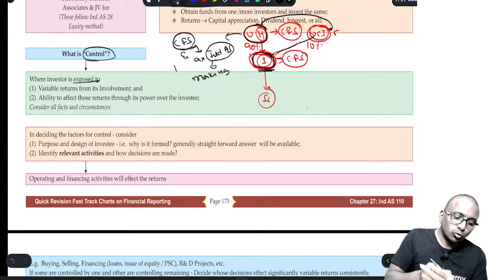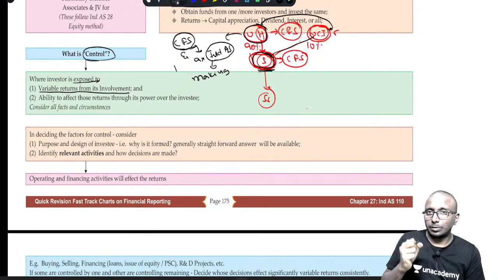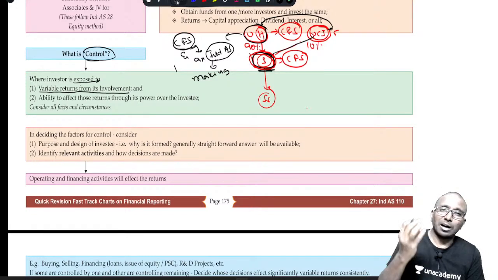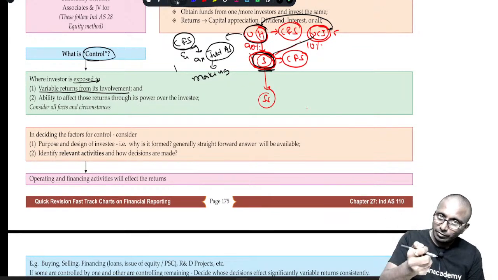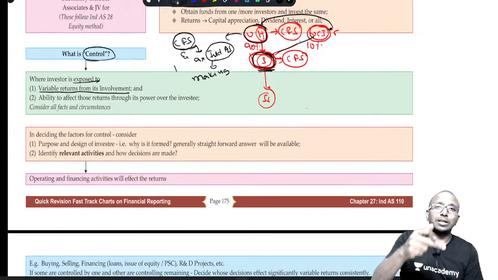We are exposed to variable returns from the involvement. We have power, and with that power we will be deciding the operating and financial policies of the company. By involving in the activities of the company, my returns will vary.